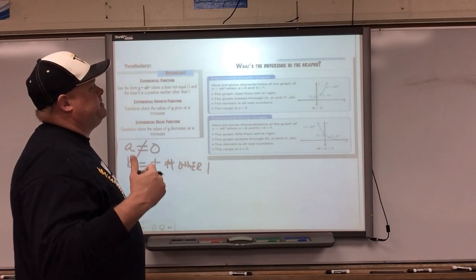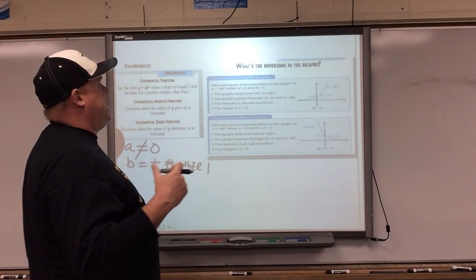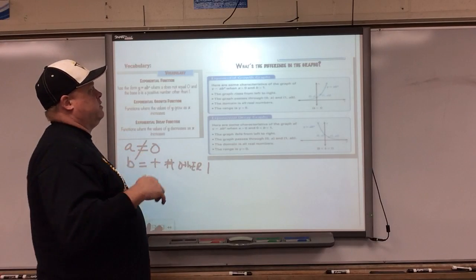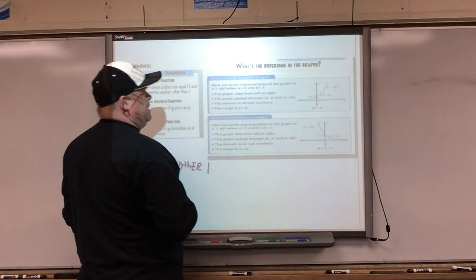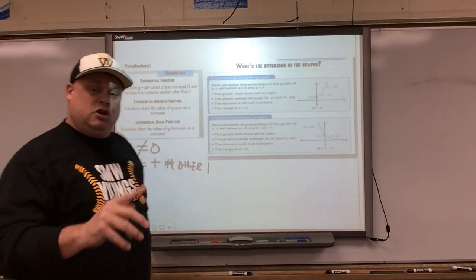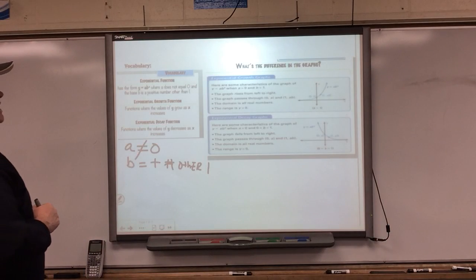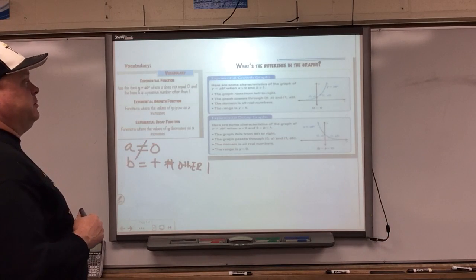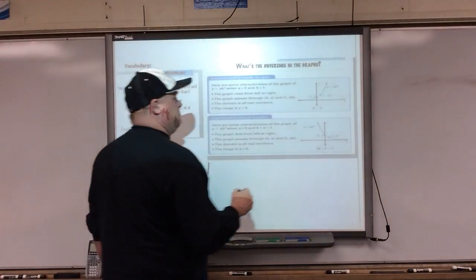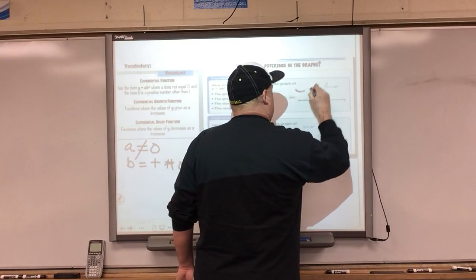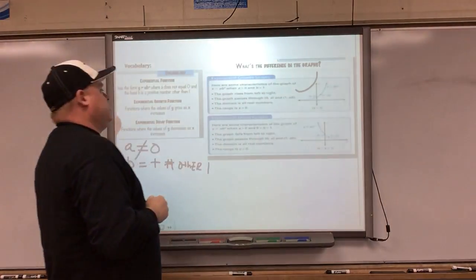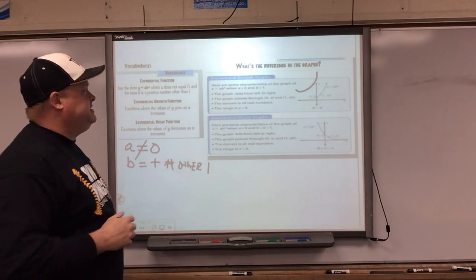Here are some characteristics of the graph of y equals ab^x, where a is greater than 0 and b is greater than 1. The graph rises from left to right. The graph passes through the point (0, a).